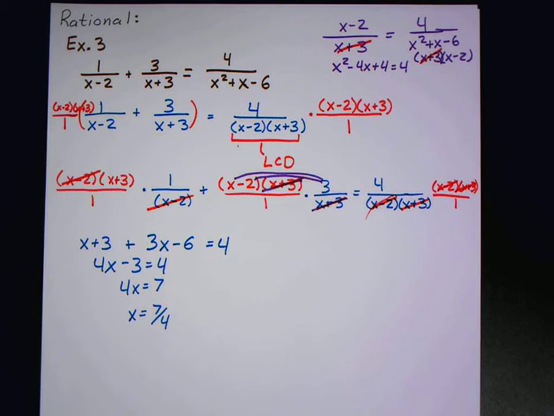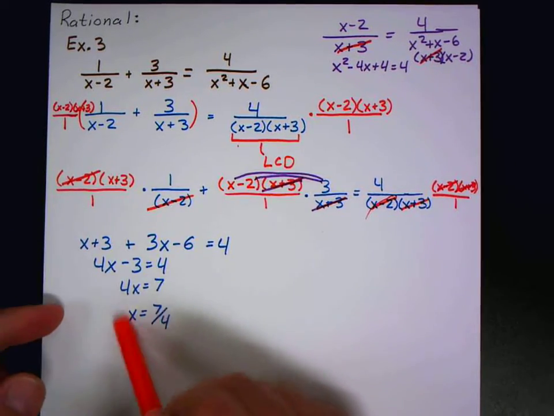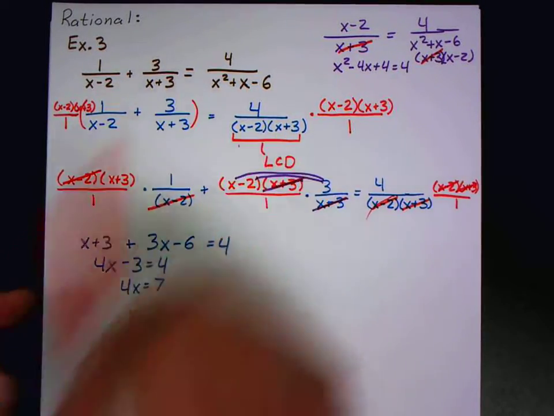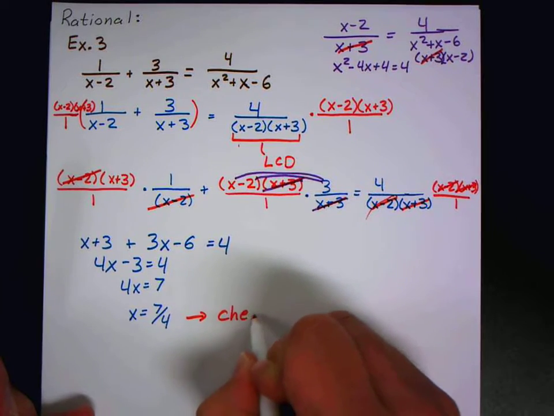Now, there's one more step you have to do with this. Since you have fractions here, you have to double check that this doesn't create zeros in the denominator. So you have to make sure to check your solution.